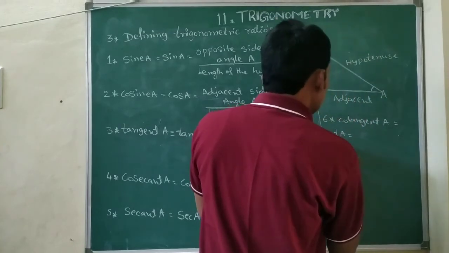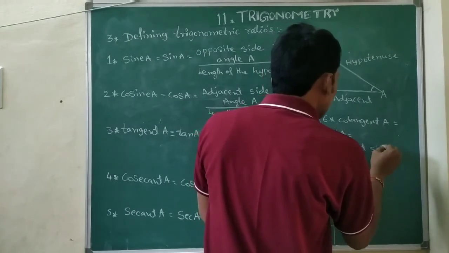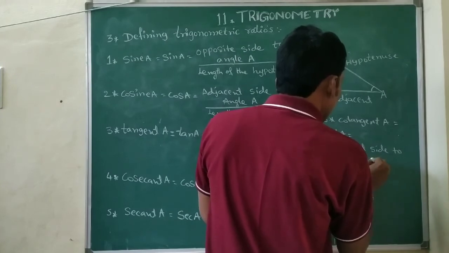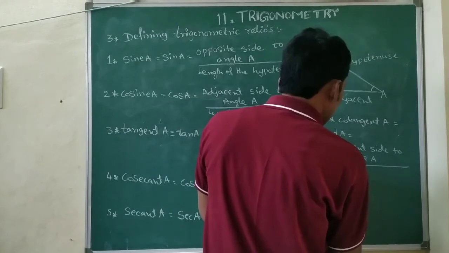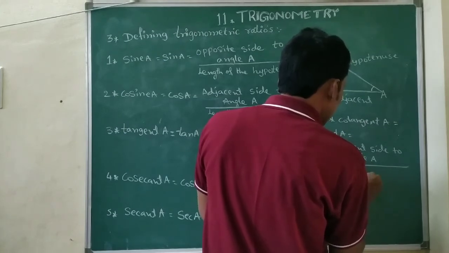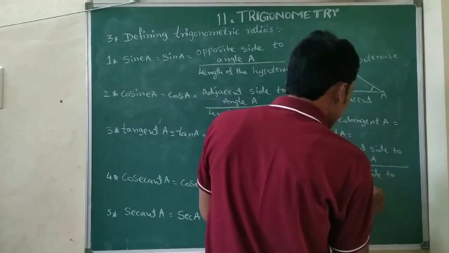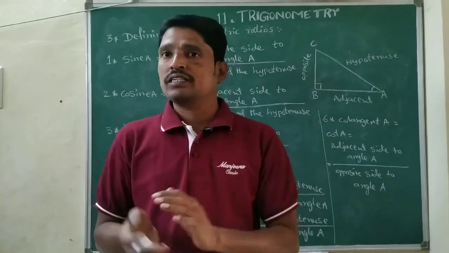Cot A equals the adjacent side to angle A by the opposite side to angle A. What is cotangent?